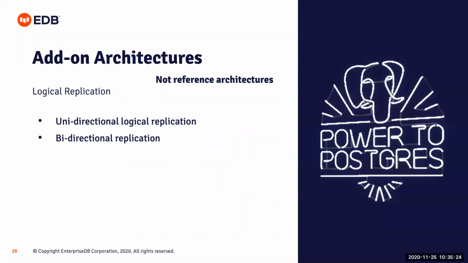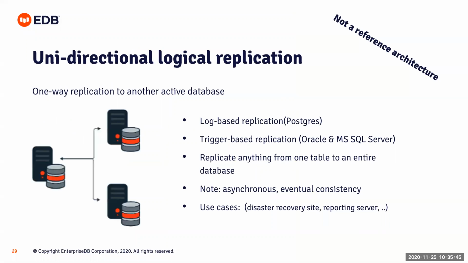In the GitHub repository, the two architectures that I'm going to discuss now are not available, and I think it's important to mention them, but they are not as simple as the other architectures that have been discussed now. One of those is unidirectional logical replication.